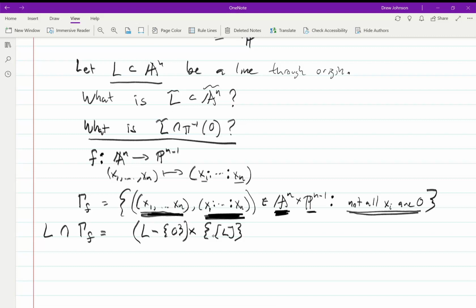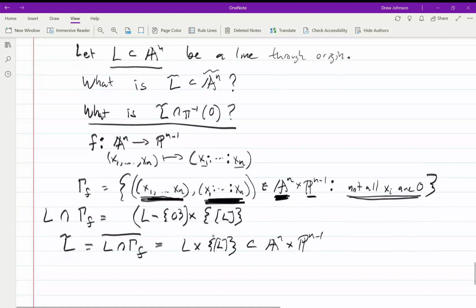So now we want to think about the strict transform. The strict transform is just the closure here, but it's kind of easy to see what the closure is. We took out the point 0, so the closure is just this as a subset of A^n cross P^(n-1).